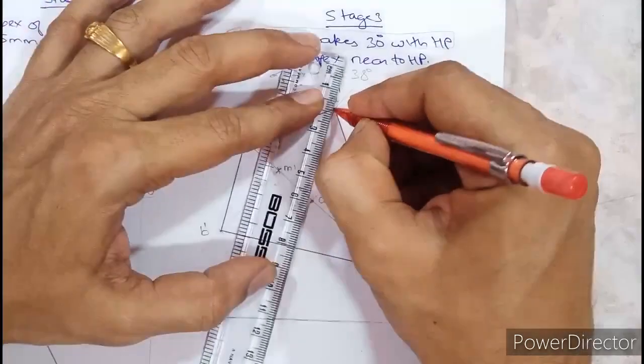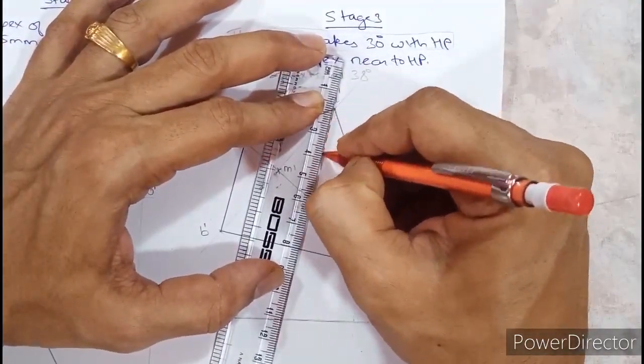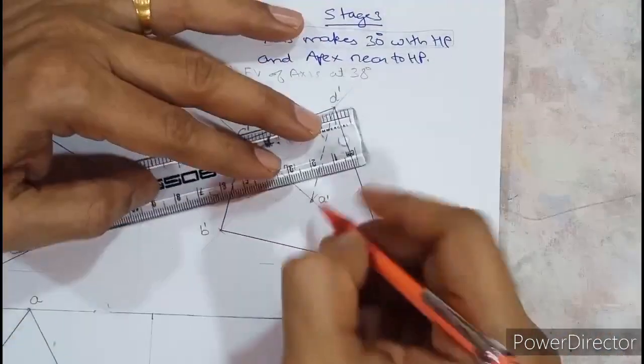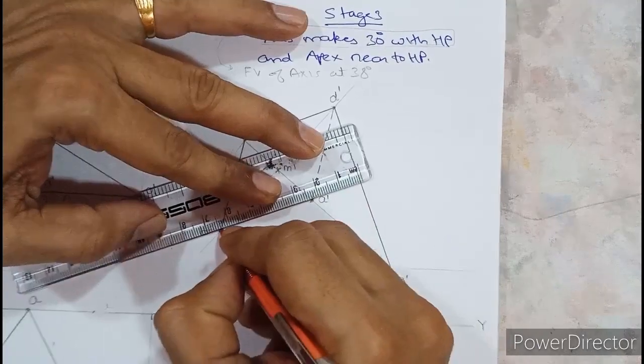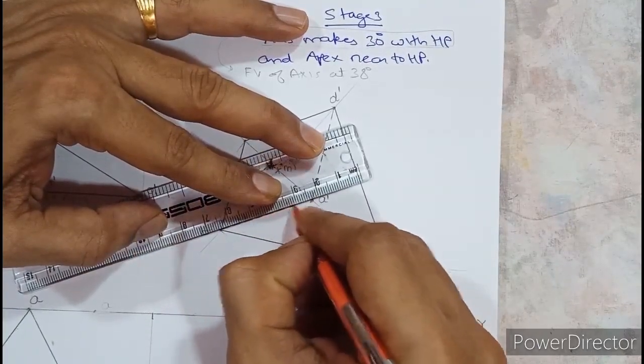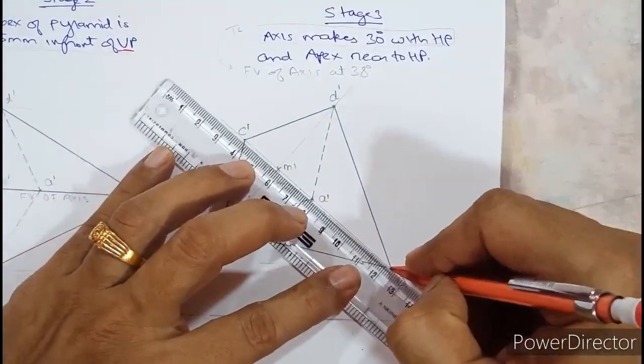So D dash to A dash is hidden. And A to B is also hidden. Finally join O dash with C dash.